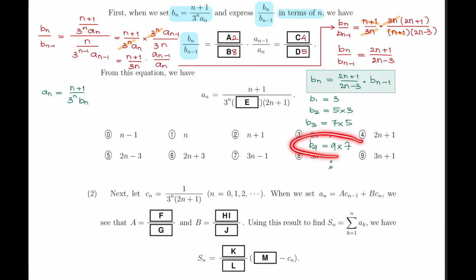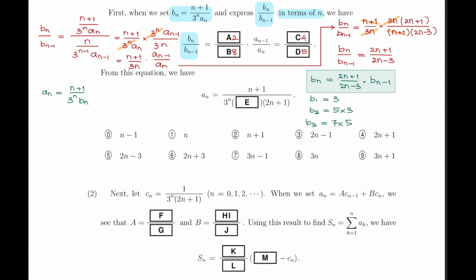You can check it by yourself, yeah? Is it correct? B4 is 9 times 7. I'm pretty sure it is correct. So the pattern of Bn is the multiplication or the product of 2 odd numbers.